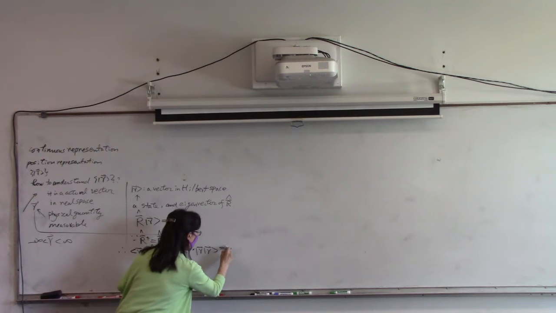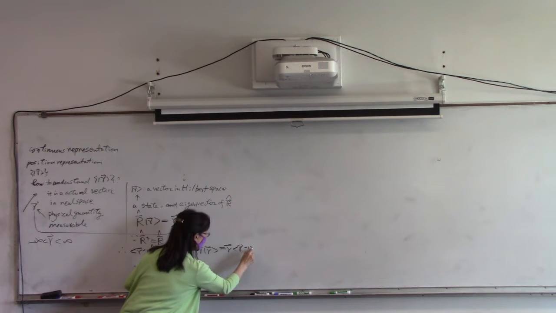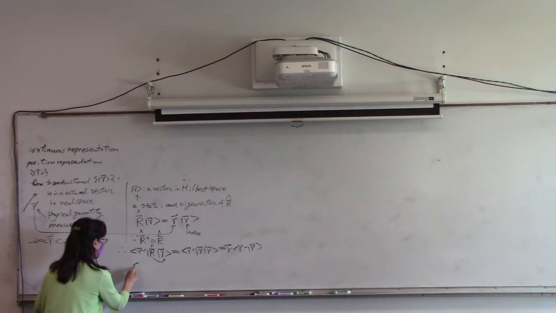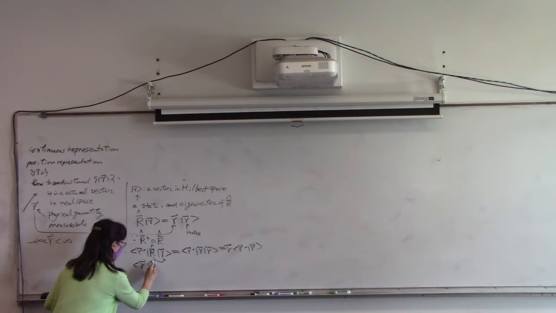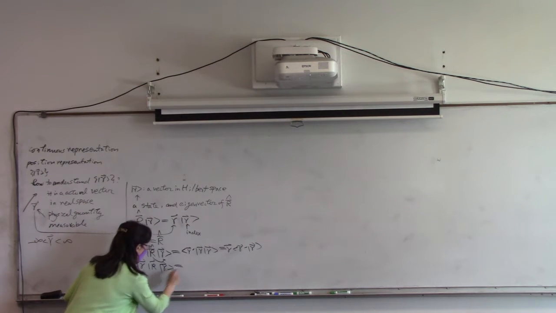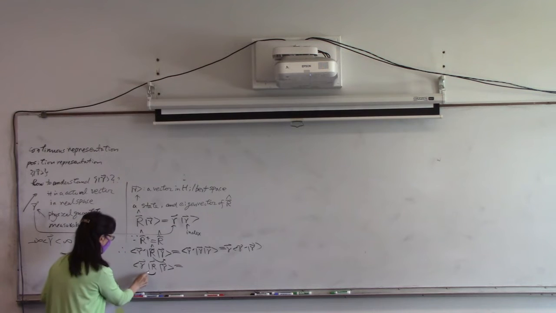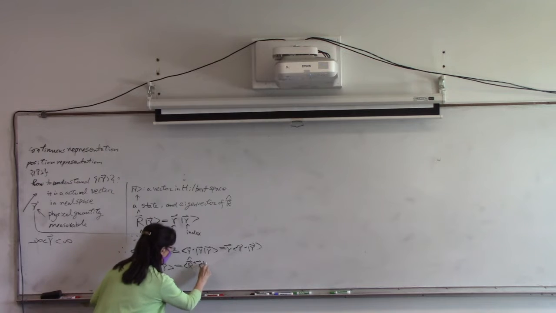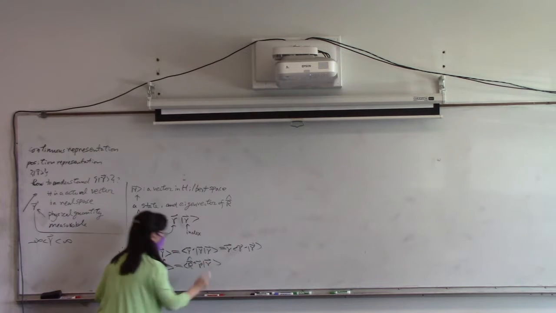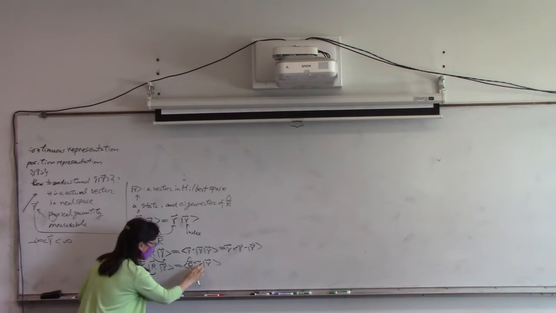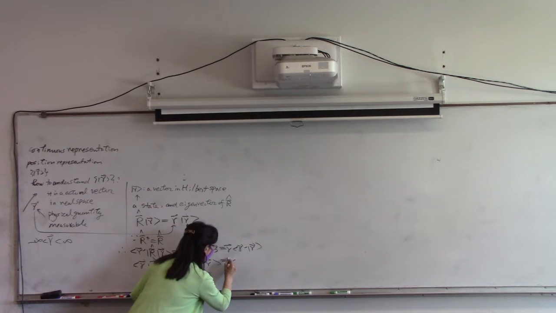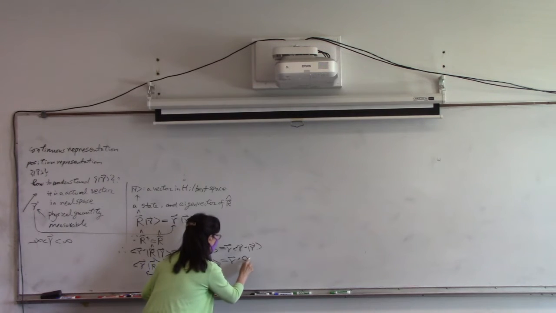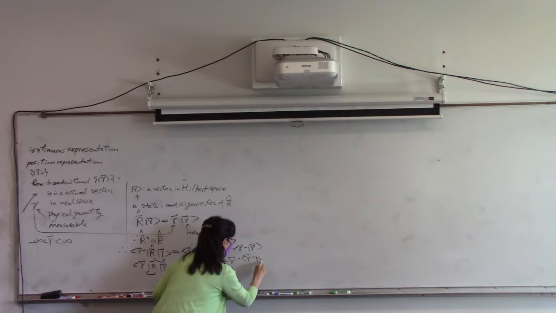So that is R prime, R. And this one can also equal to, applied to here, that gives us R prime and this inner product, right?